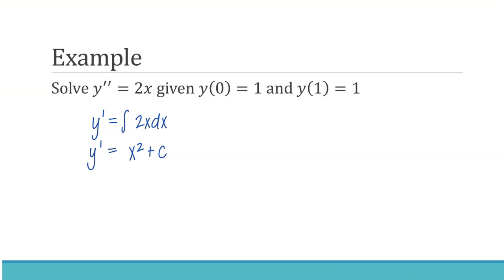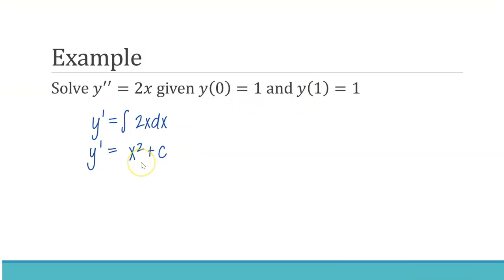So far I have y prime is equal to x squared plus c. So this is a general solution that finds the first derivative. And I do have two initial conditions, but neither of them involve y prime, so I can't actually use either of these. You may have an initial condition that involves a derivative, but in this case we don't.